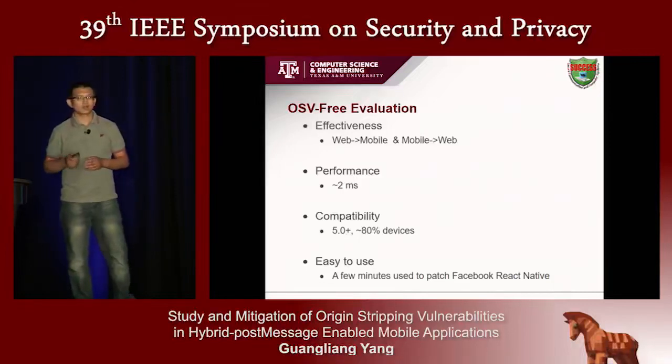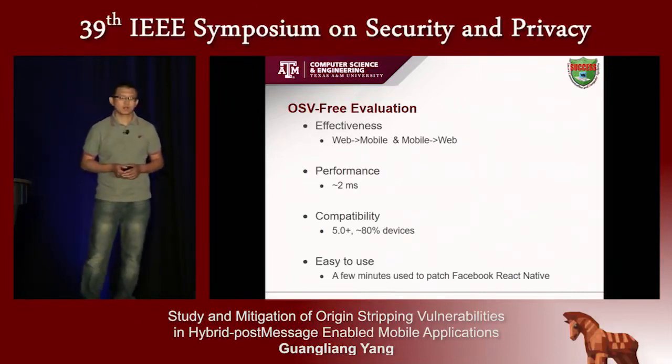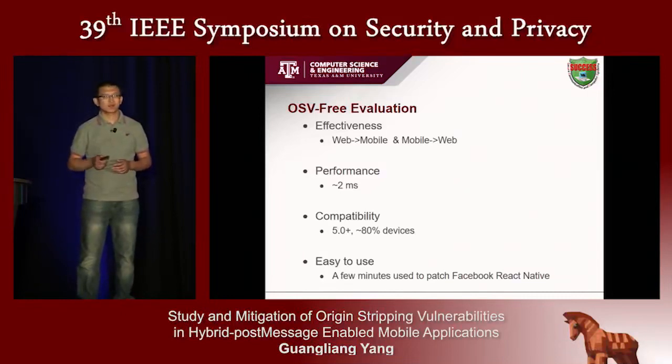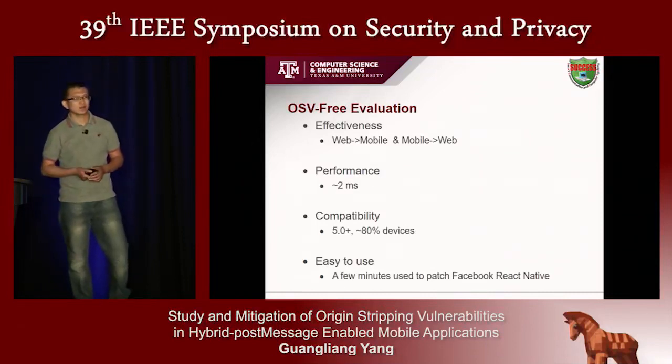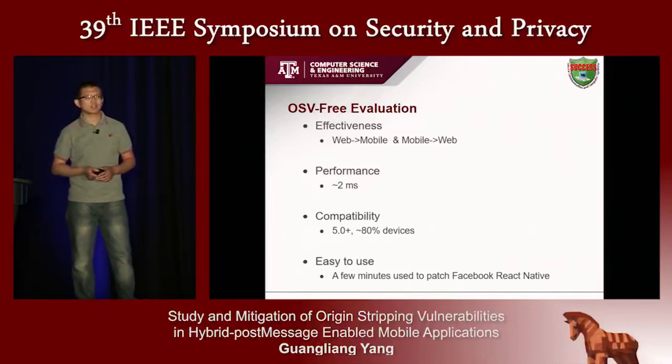And we further studied the performance of OSV-Free, and we found OSV-Free is fast and only needs almost 2 ms. We also found OSV-Free can support many Android devices and versions. And finally, OSV-Free is very easy to use. We used it to patch the Facebook React Native framework, and we found only a few minutes were used.